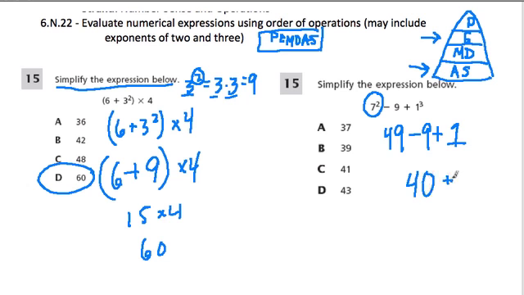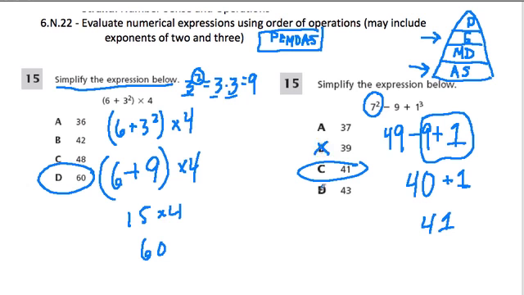And then we add 1, which is 41. And that's our answer. Now it's interesting because if we had taken 9 and added to 1 first, we would have got 10, and 49 minus 10 is 39, which is an answer they provide here, but that's incorrect. Right? When we have operations on the same level of our PEMDAS pyramid, we just go from left to right.